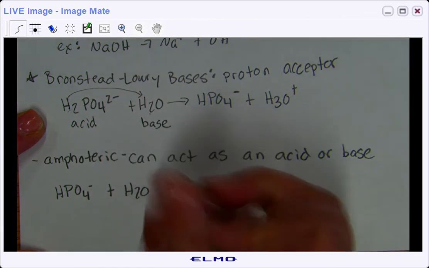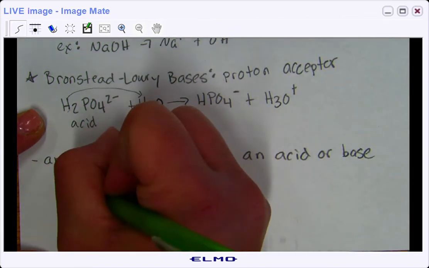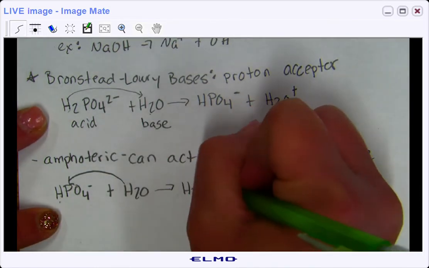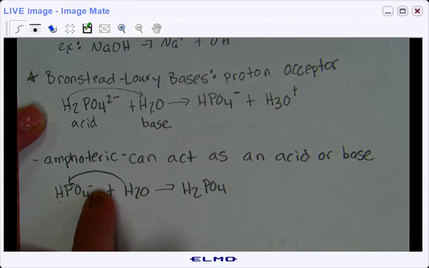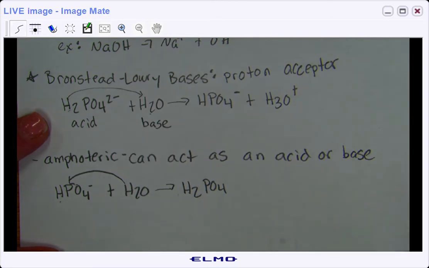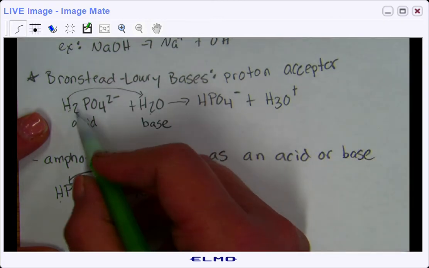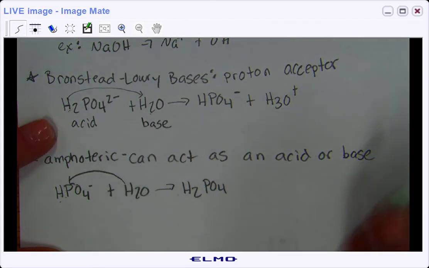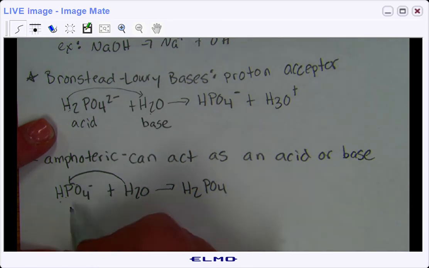Okay, water can donate a hydrogen back. If I start with one hydrogen, I now have two. The PO4 is still there.